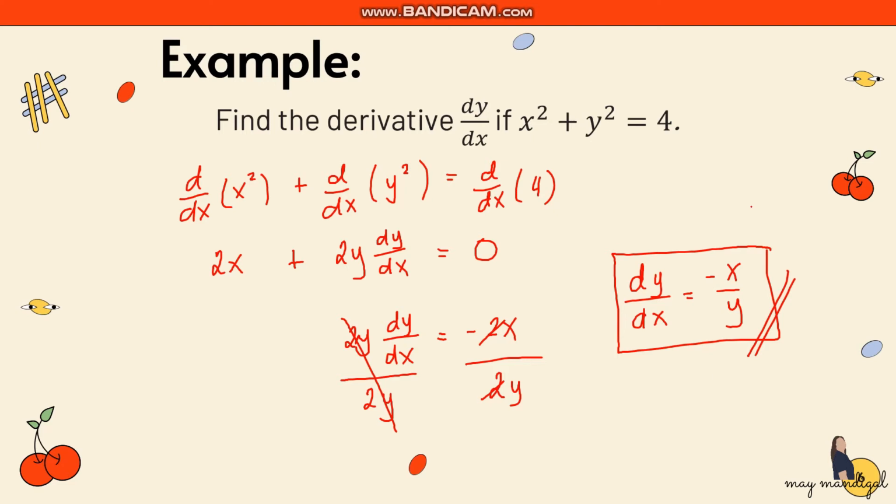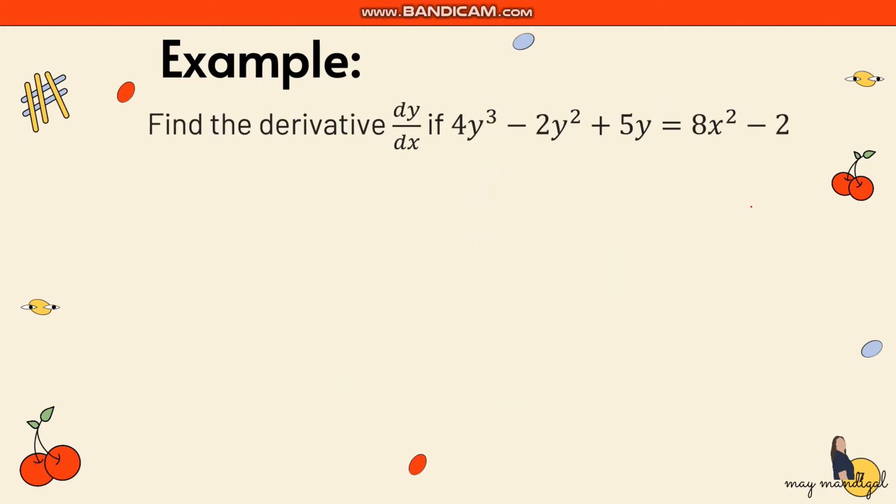So again, do not forget to put dy over dx whenever you are differentiating a term with y variable. Okay? Let's have another example. Find the derivative dy over dx if 4y cubed minus 2y squared plus 5y is equal to 8x squared minus 2. So we will do the same thing. Let's get the derivative of each term.